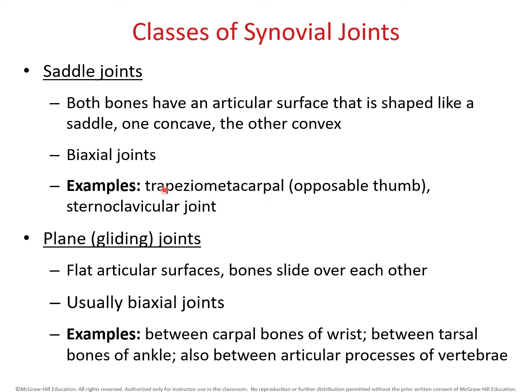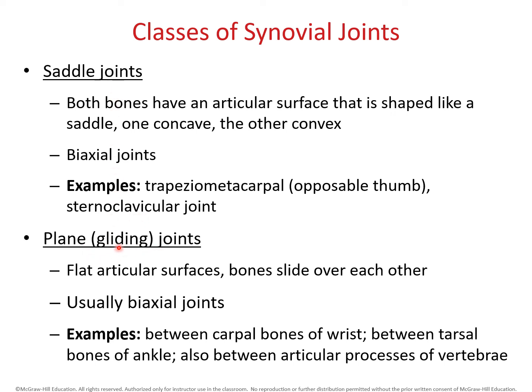The trapezium is the name of a specific carpal bone that you actually don't need to know, but you should know that a saddle joint exists between the trapezium and the metacarpal. This is basically right where your thumb is located, and this is why we have what you call opposable thumbs. The sternoclavicular joint, you already know that joint. That is a saddle joint.